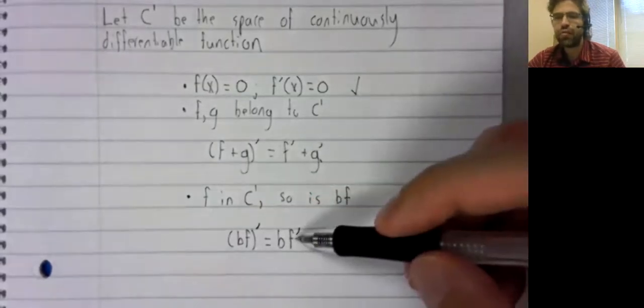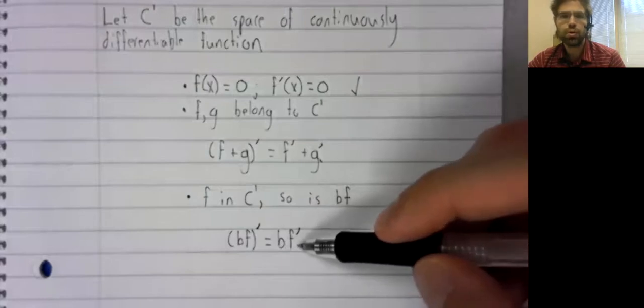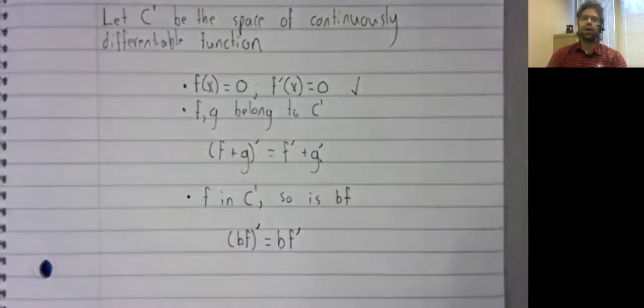And if f prime is continuous, so is a real number times f prime.